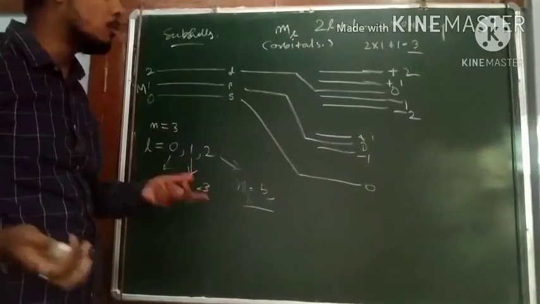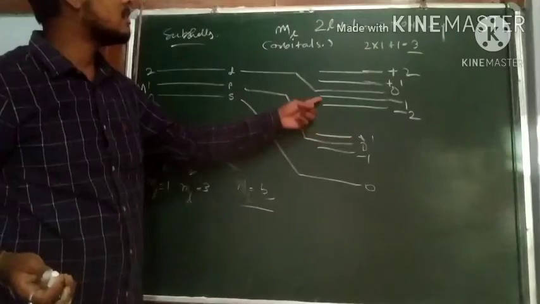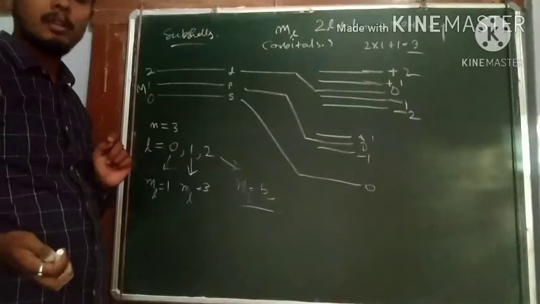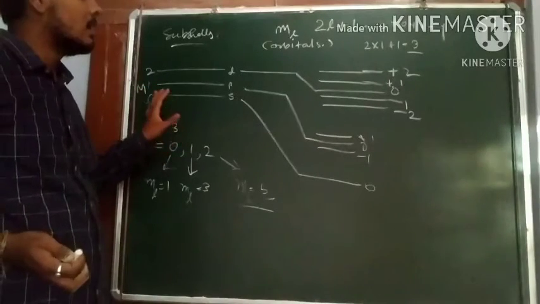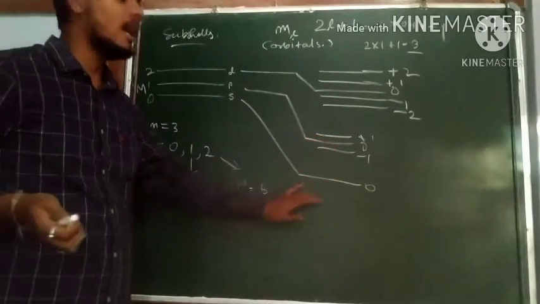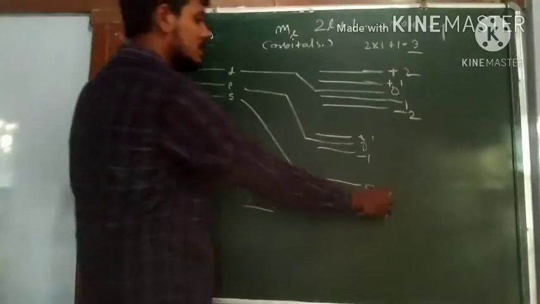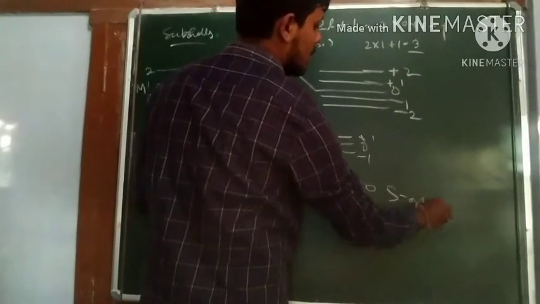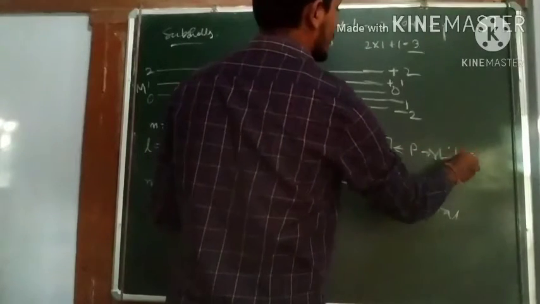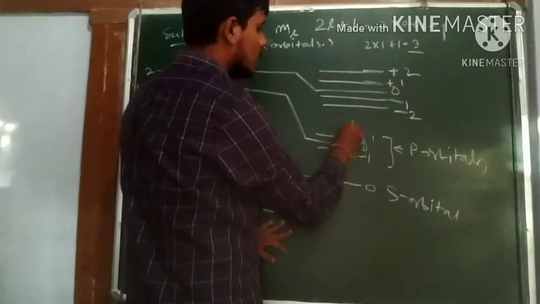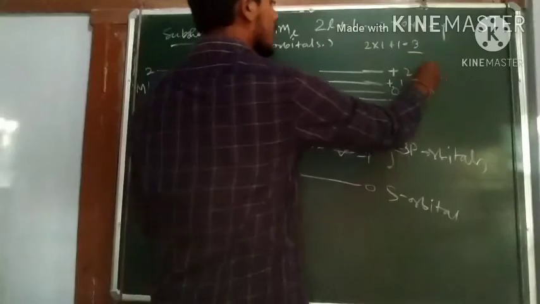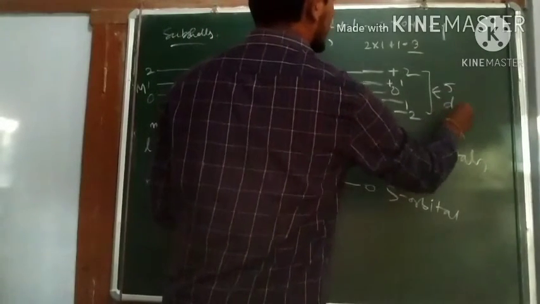So in the M shell, the total number of ml values is 1 plus 3 plus 5, which is 9 values of ml. That means 9 orbitals: one s orbital, three p orbitals and five d orbitals.